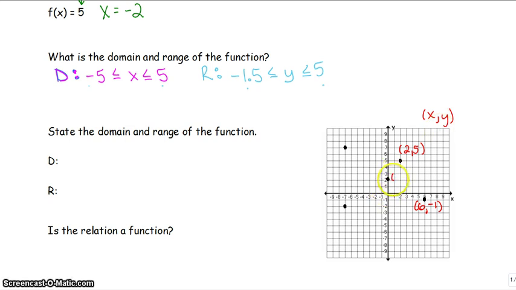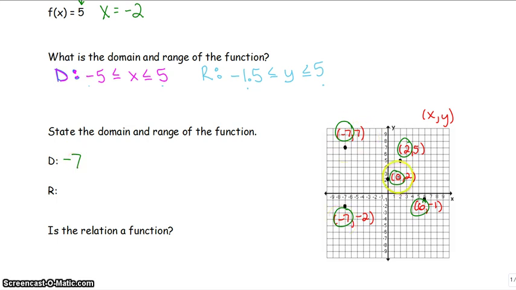So here we've got (0, 2), (-7, -2), and (-7, 7). So our domain of our function is going to be all those x values. So we're going to look at all of the x's. Now our smallest x is -7.